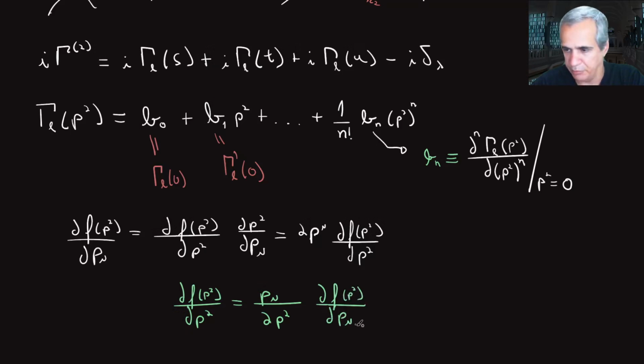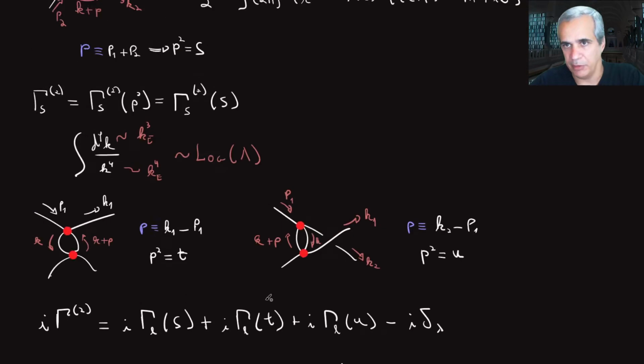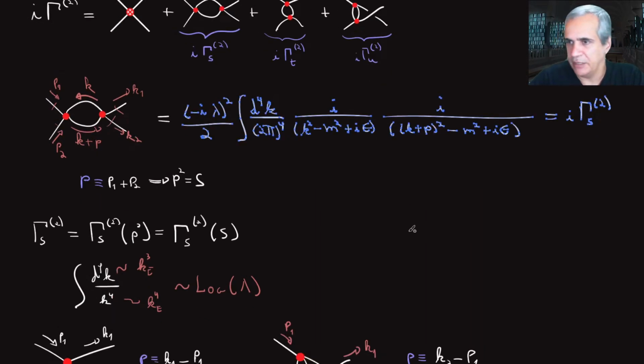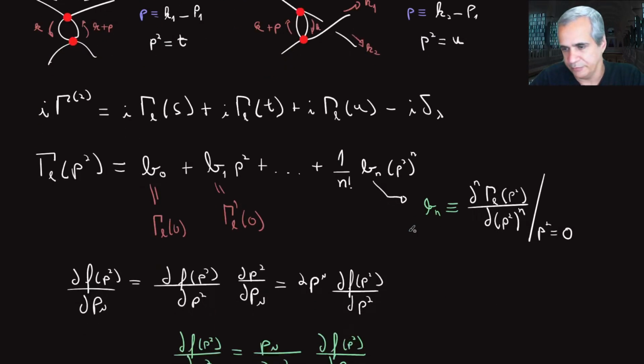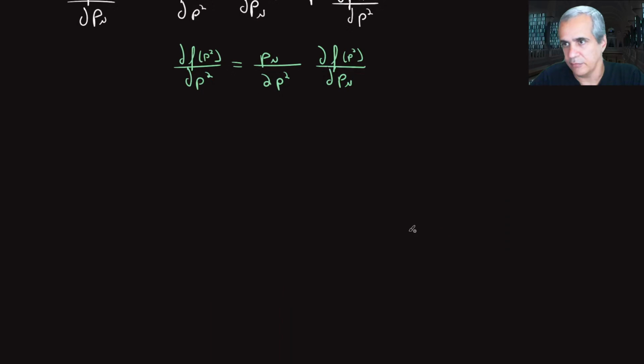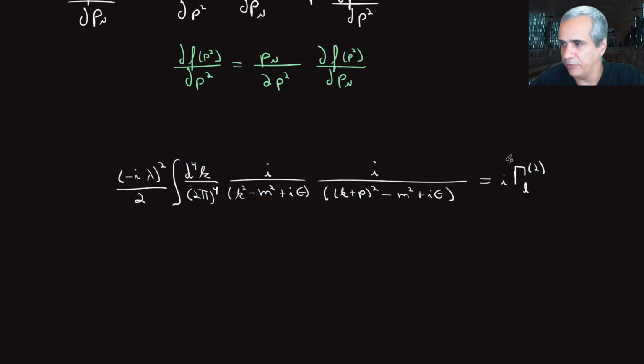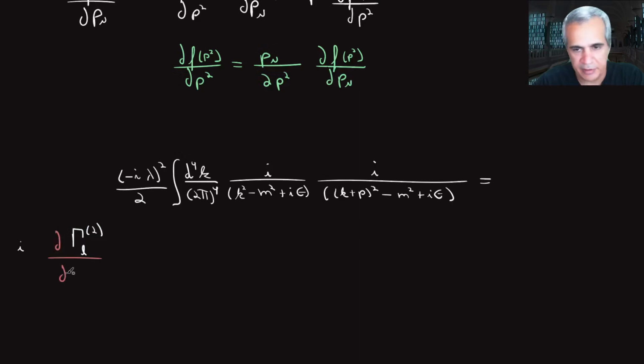over del p mu. Now let's go back to the gamma L we want to calculate. Where is it? Here. I want to take this expression and take the derivative. Paste it here. So this is what I'm calling gamma L now, and I want to take the derivative here. So I'll take this I, leave the I there for now, and take the derivative in p squared, which is what appears in my Taylor expansions.